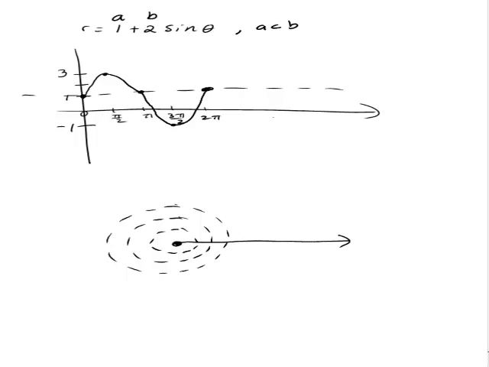And so the case we're going to have here is a limaçon with an inner loop. Now, this one's a little bit more work, because notice that we have these two x-intercepts, and these actually are very important to us because we need to know when we cross the x-axis, because we need to know the point where r changes from positive to negative.